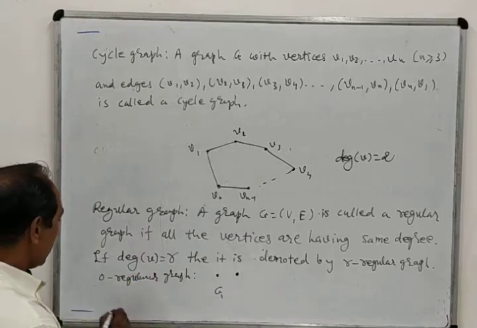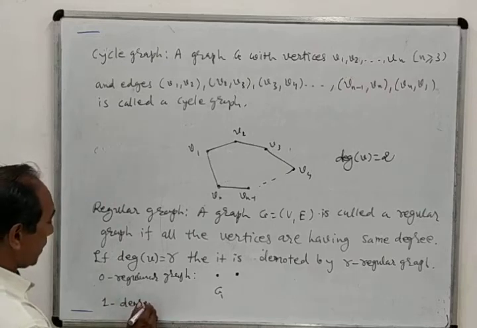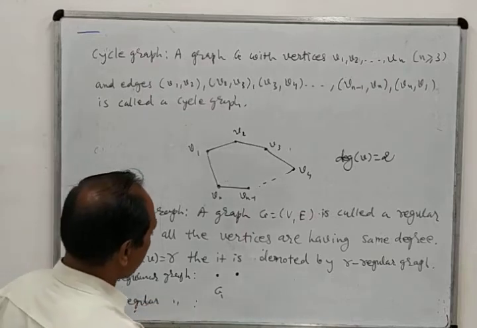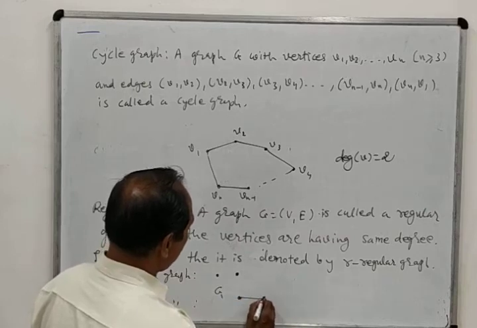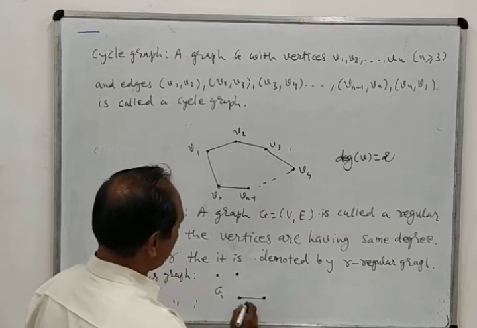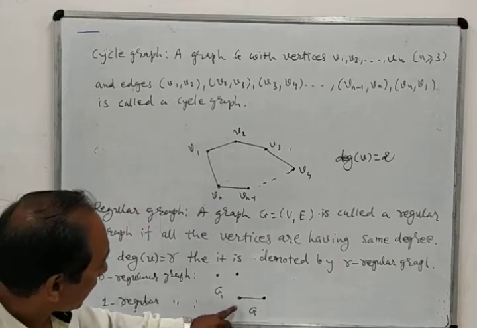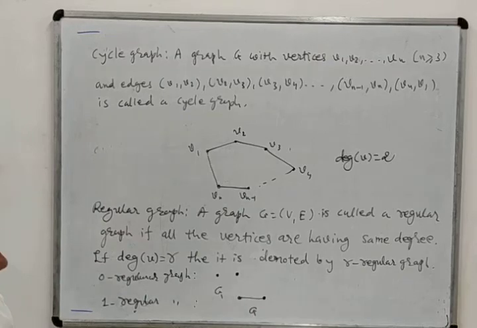Then 1 regular graph. 1 regular graph means, suppose 2 vertices are connected by an edge. Here we can see that the degree of this vertex is 1, and this vertex is also 1. So this is a 1 regular graph.